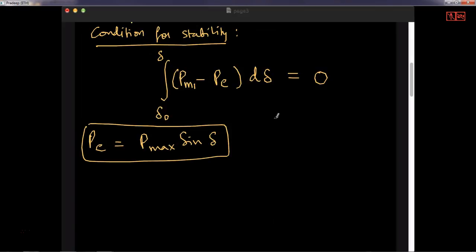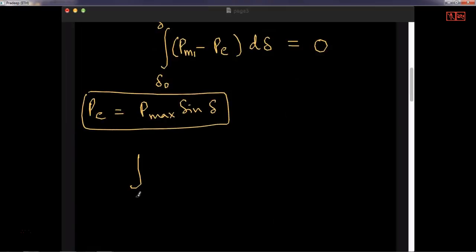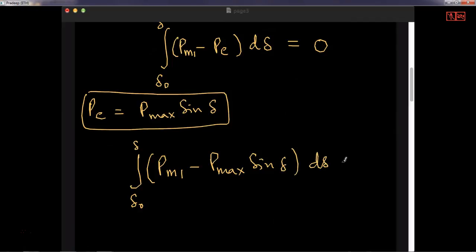The condition for stability is the integral from delta naught to delta of Pm1 minus Pmax sine delta d delta should be equal to 0.